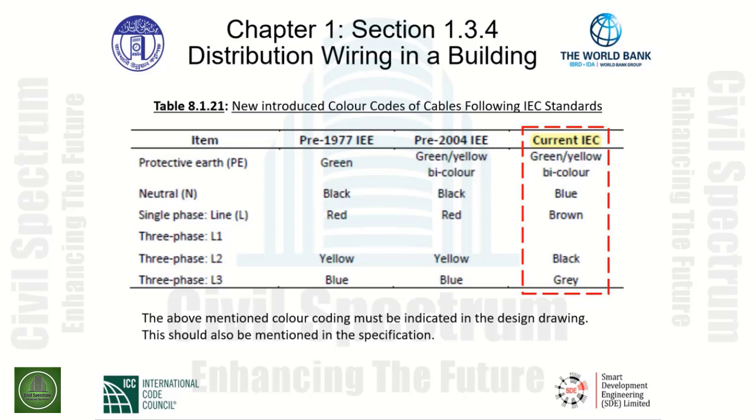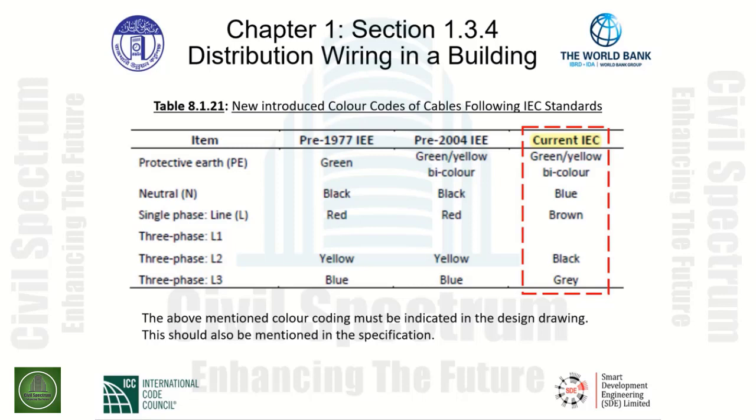Our current standard, our current IEC in Bangladesh, has the color codes that must be followed for all new work. For the protective earth conductor, green, yellow bicolor. The neutral is now blue in color.